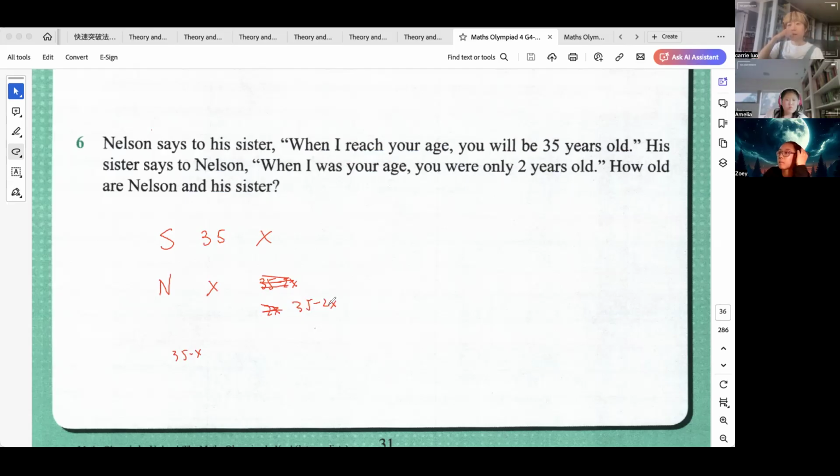Okay, so when I was your age, you were only 2 years old. So sister is X. How old is Nelson? And how old is his sister? Sorry. So sister and Nelson.